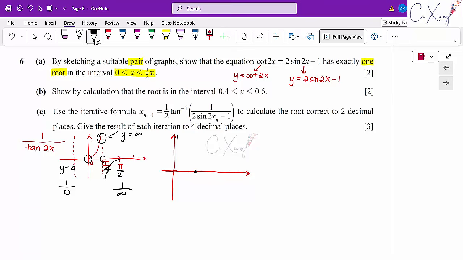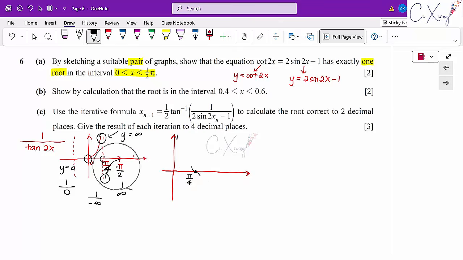Then the same thing happens here. You're having infinity. So 1 divided by negative infinity gives a very, very small value close to 0, and it is coming from the negative side. So if positive infinity is coming from here, then negative infinity will be coming from this side. So this is how your graph will look.